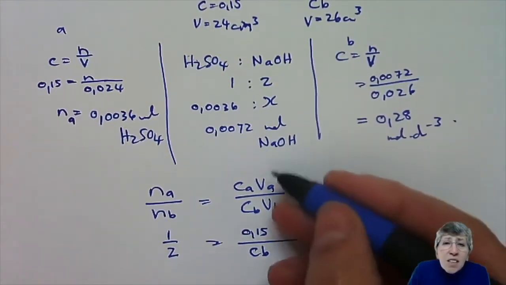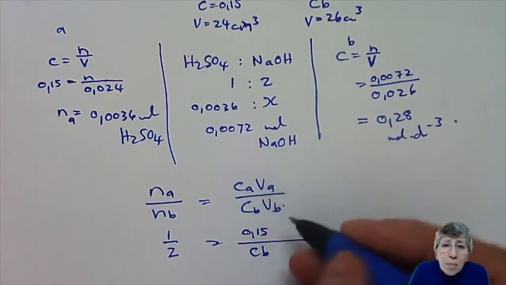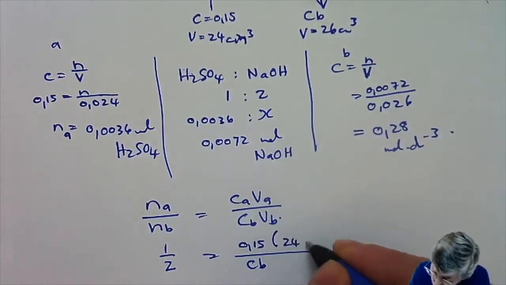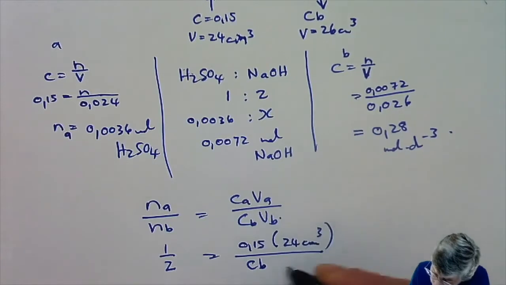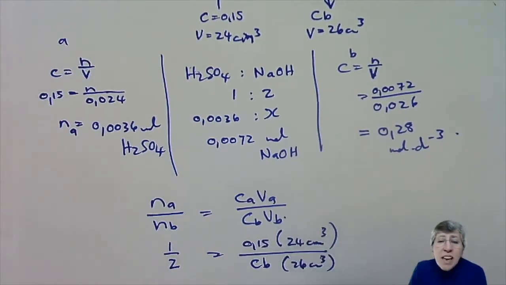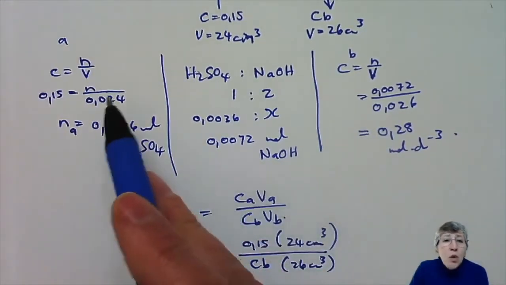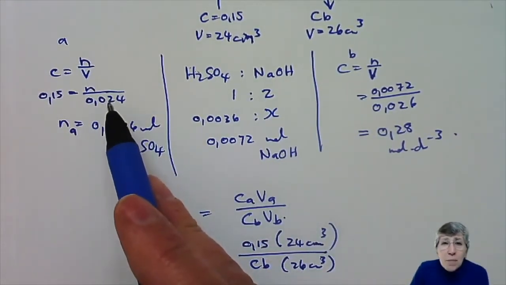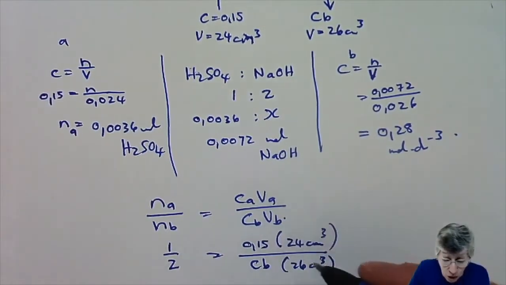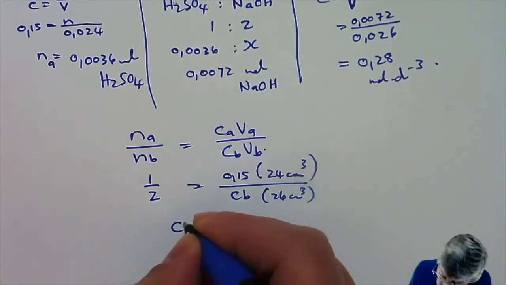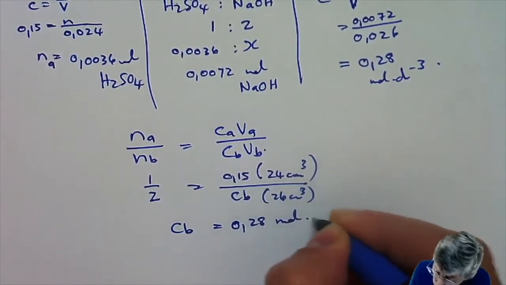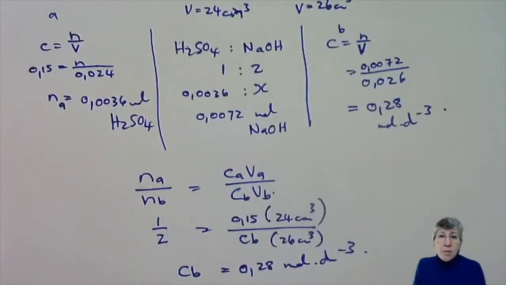Now here, since volume is at the top and at the bottom, I can just leave it in cubic centimeters. I can have 24 cubic centimeters up there and 26 cubic centimeters down there, because they're going to cancel out. But in that one, you have to go to cubic decimeters. There's only one volume, so nothing to cancel out with. And when you do this, you end up with the concentration of the base being 0.28 moles per cubic decimeter.